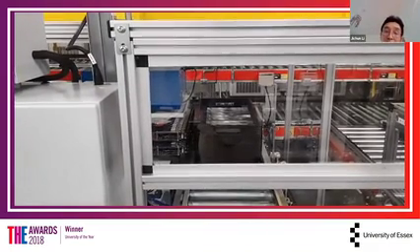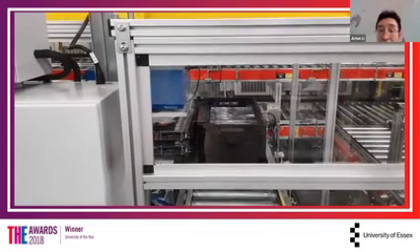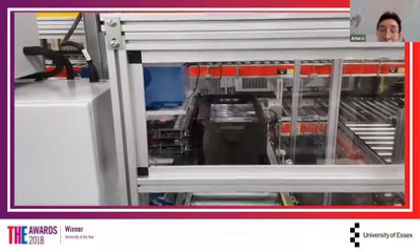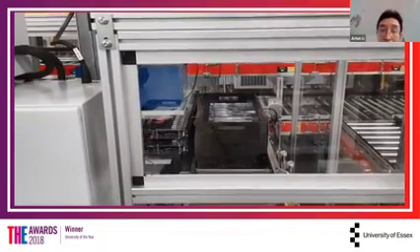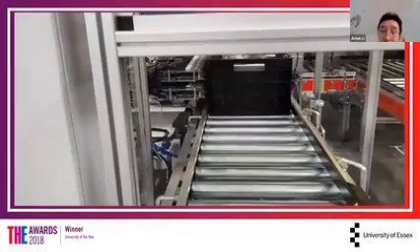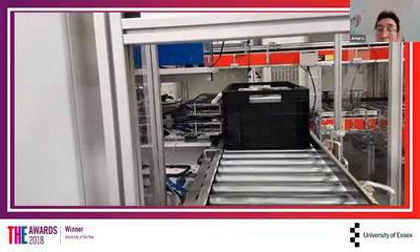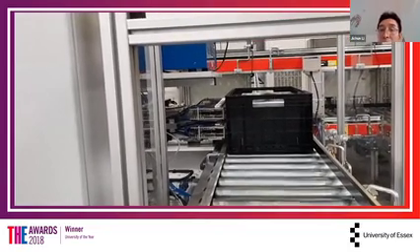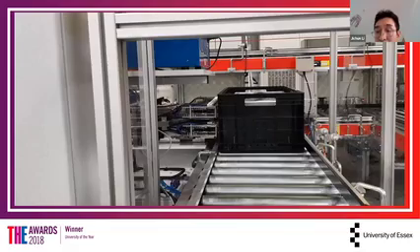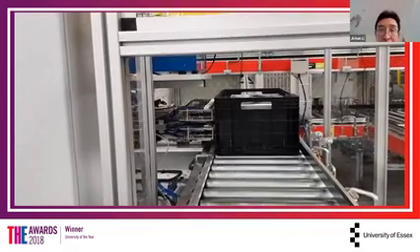This machine will automatically stop this magazine. Then you can see the gripper move forward and pick up the electronic parts of this battery cell, then do a quick check. That's a novel sensing technology, which we call EIS. That's the measurement procedure.